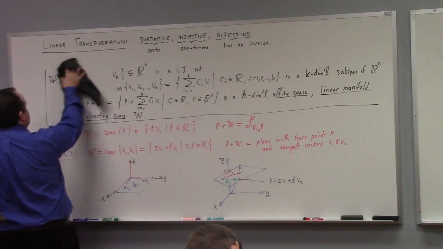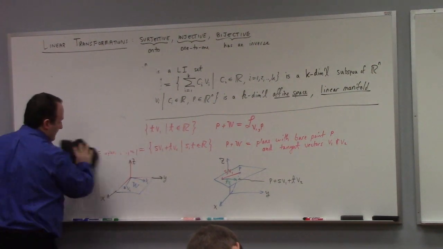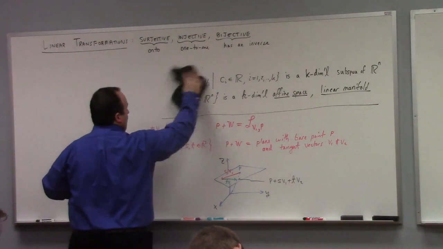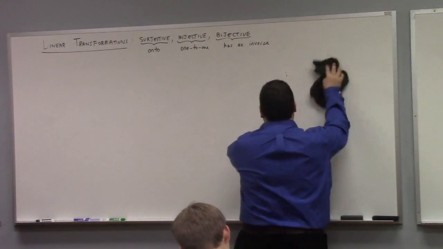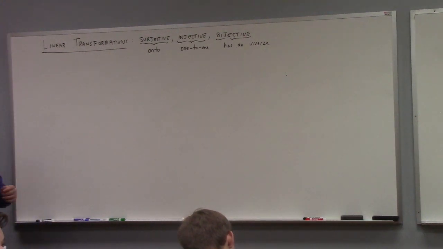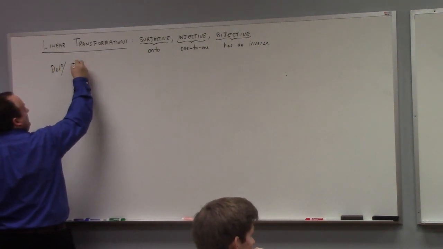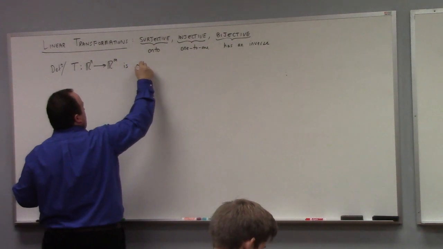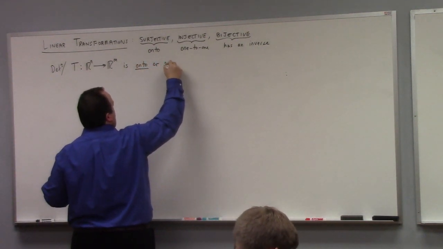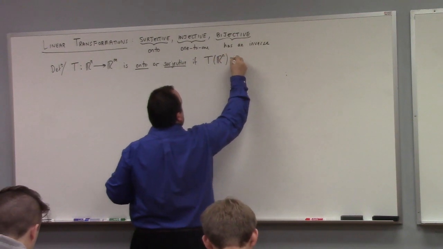Let me give you the definition. T going from R^n to R^m is onto, or surjective, if T of R^n is equal to R^m.